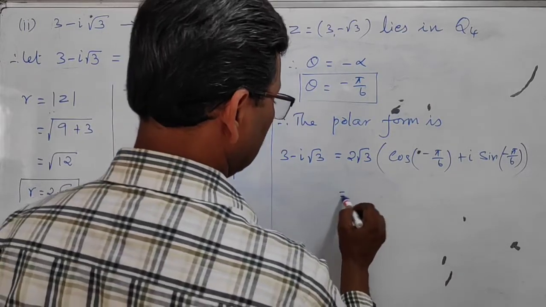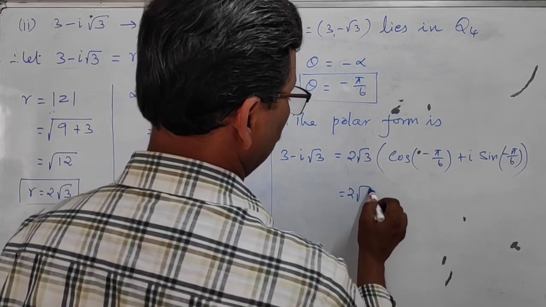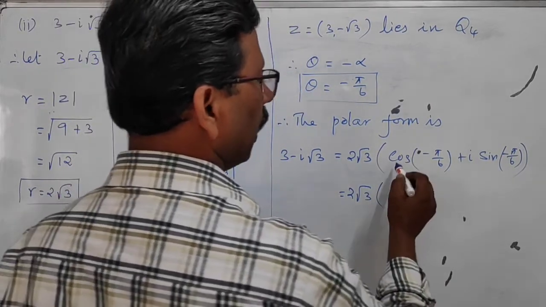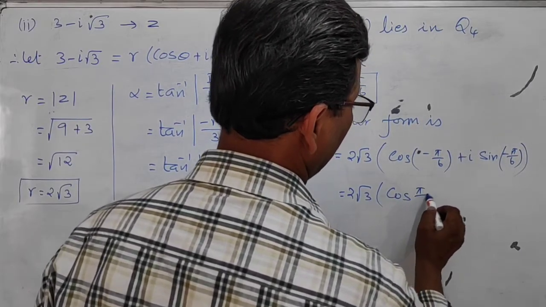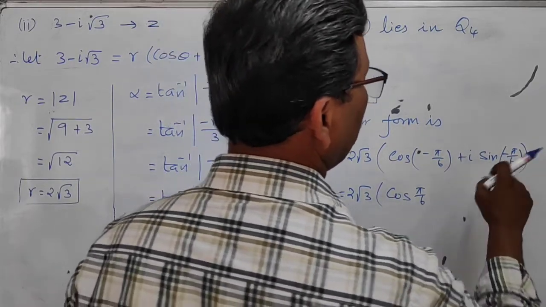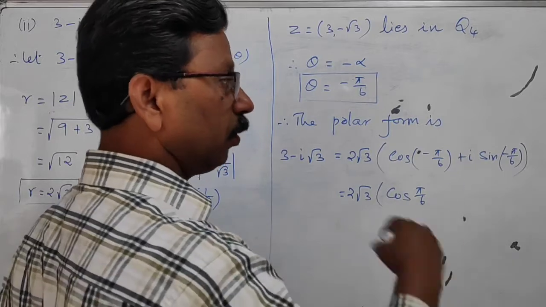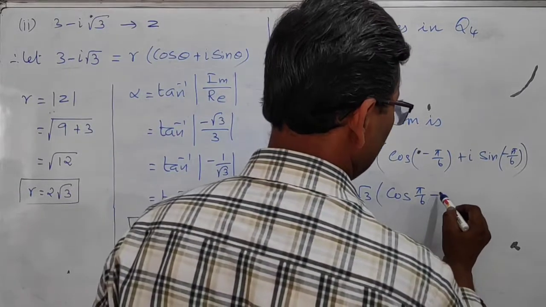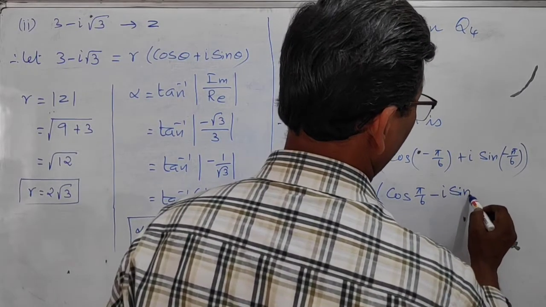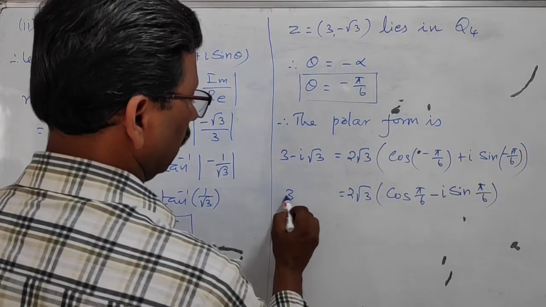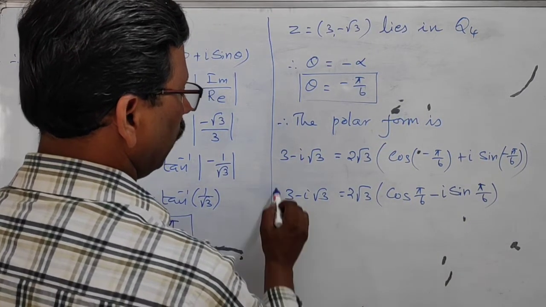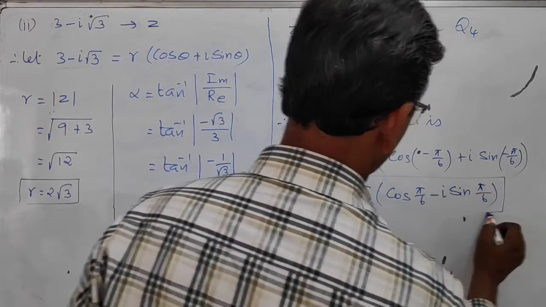This can be written as 2 root 3 into cos of pi by 6 minus i sin of pi by 6, since we know very well cos of minus theta equals cos theta, and sin of minus theta equals minus sin theta. This is the corresponding polar form of the given complex number.